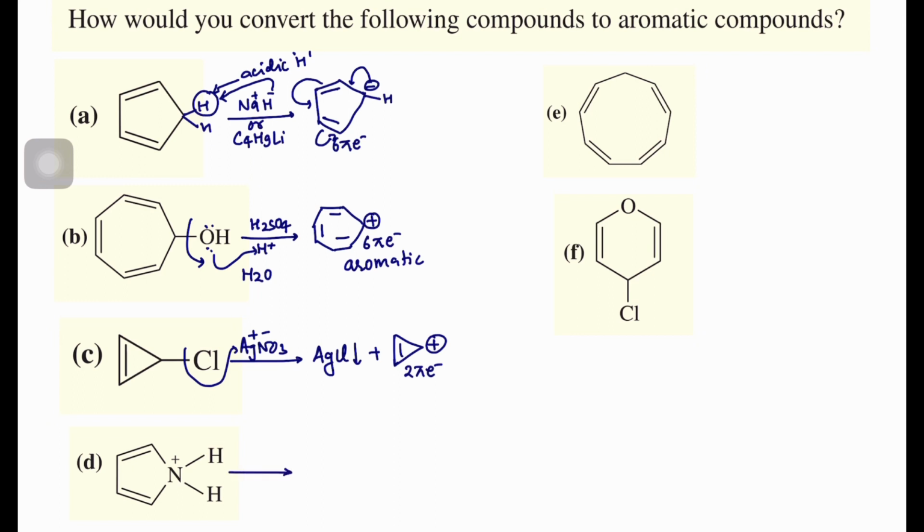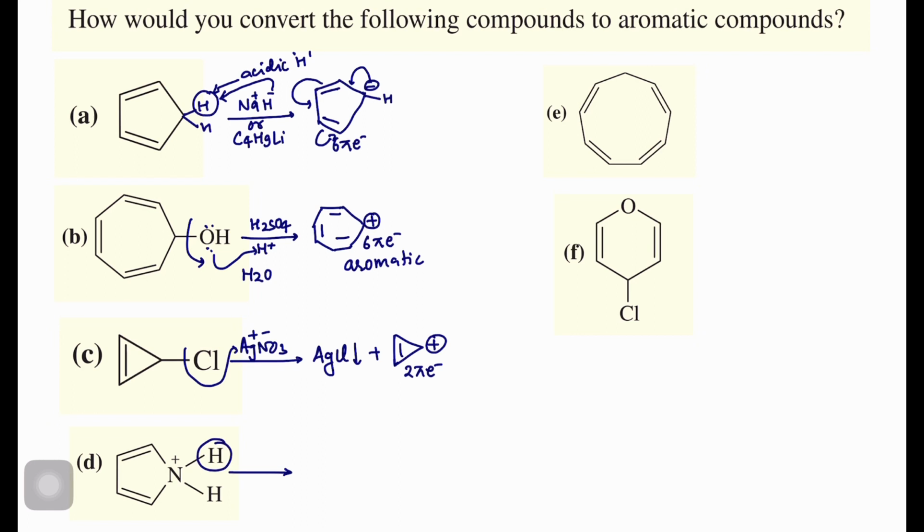In this case this can be converted into pyrrole. We just have to abstract this acidic hydrogen, so we can use a strong base here. That strong base will be able to abstract this acidic hydrogen, right?